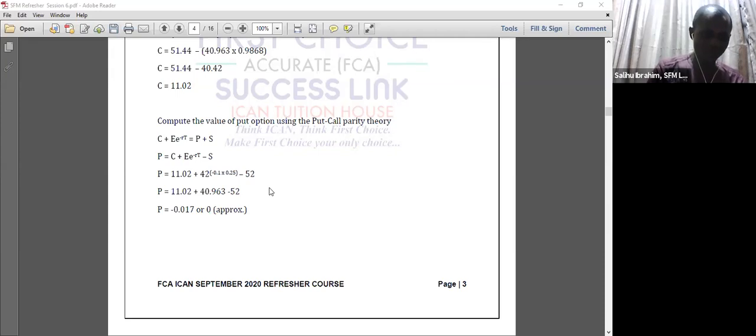Minus 52. So the put option price is supposed to be 2.91. That is the put option price. Ladies and gentlemen, this is how to use Black-Scholes option pricing to estimate call option price and put option price.